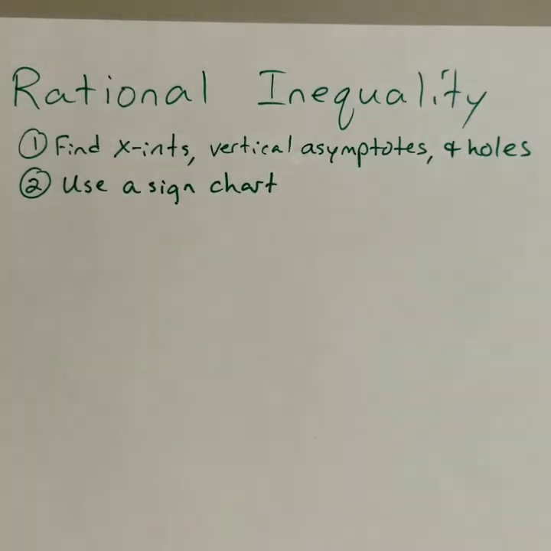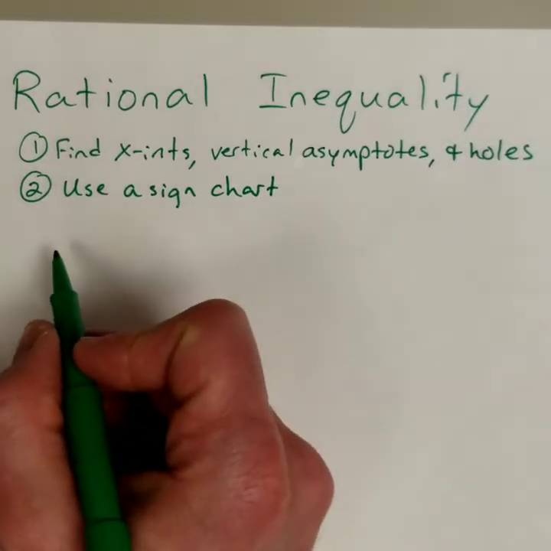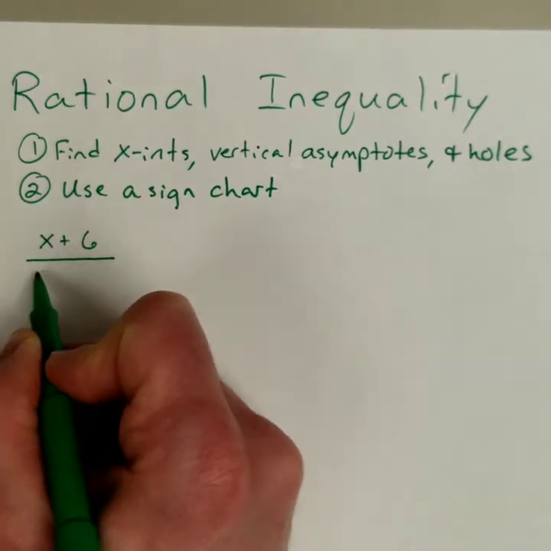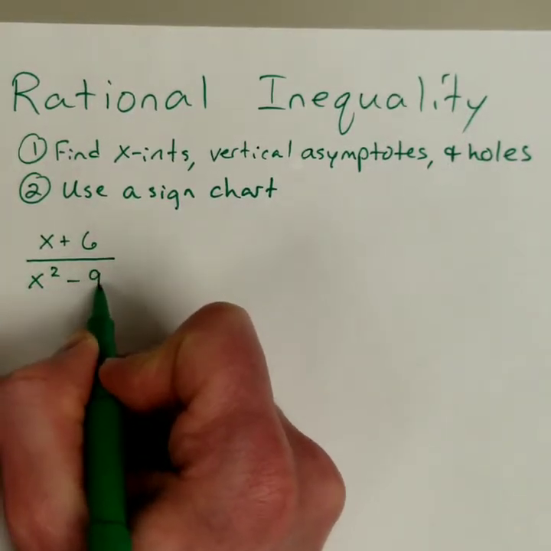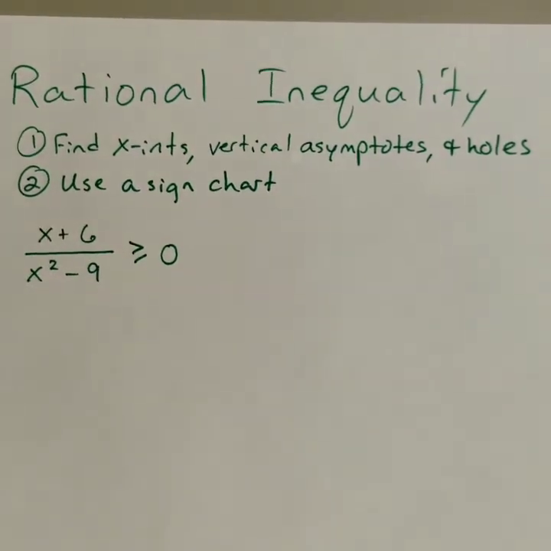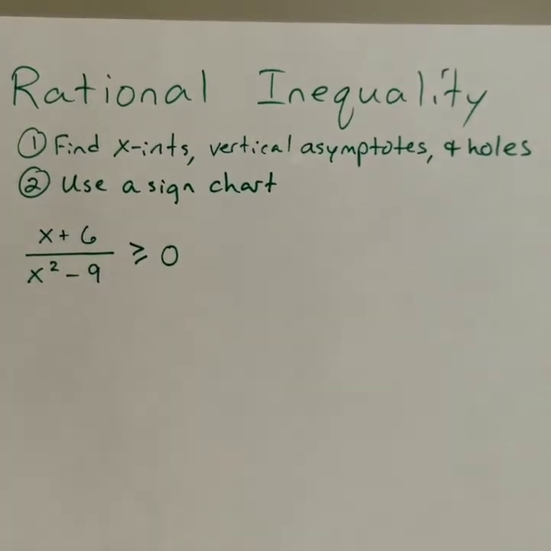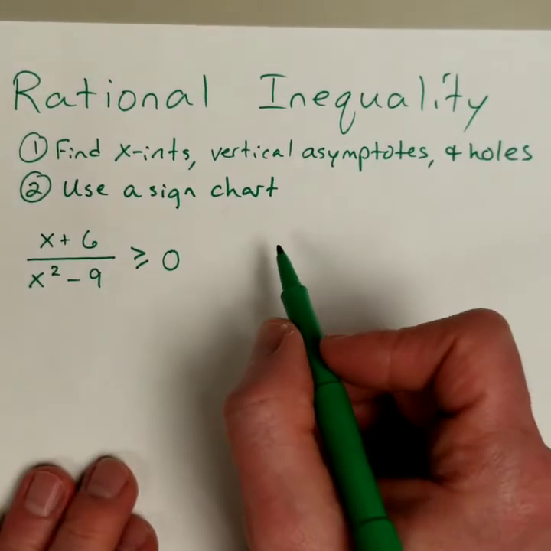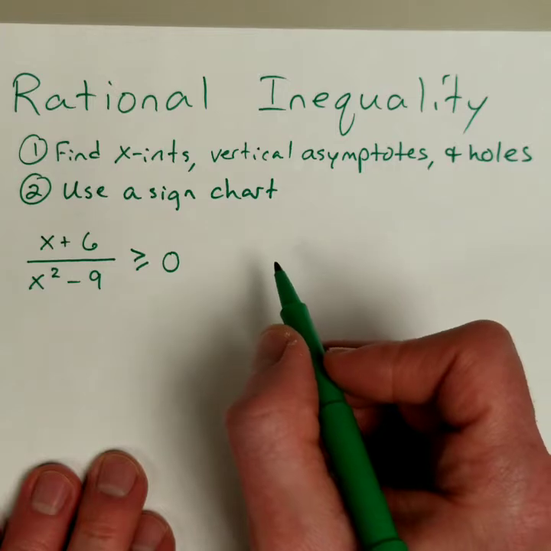Okay, so the example we're going to use is x plus 6 over x squared minus 9 is greater than or equal to 0. Again, the three things I need to find are the x-intercepts, vertical asymptotes, and holes.